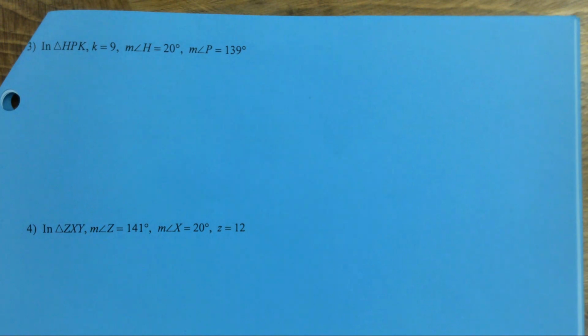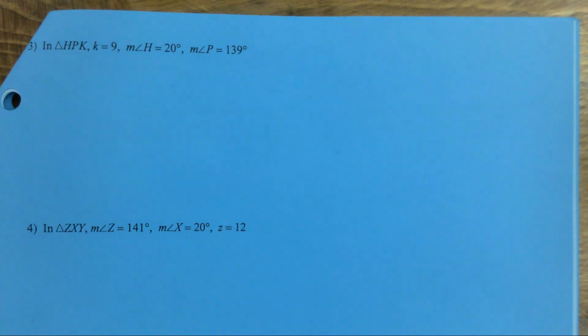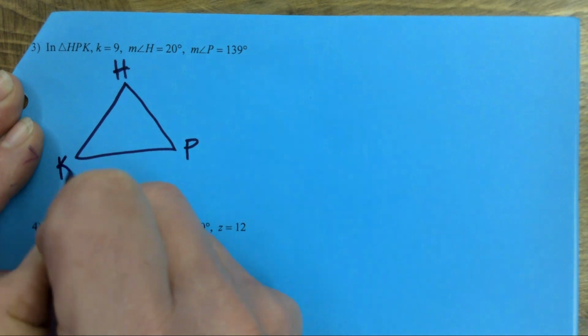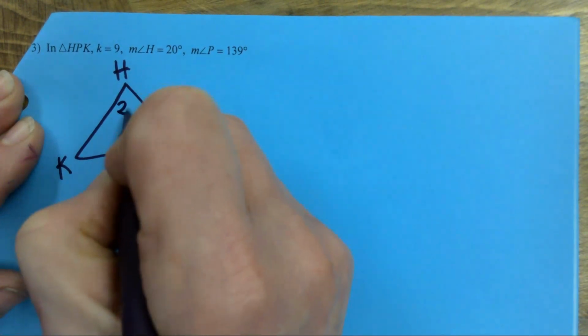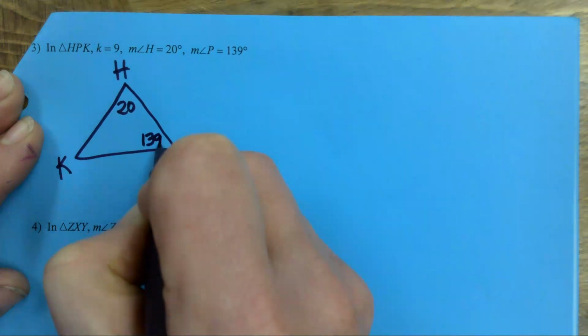It looks like I've got either an angle side or an angle side angle here, so I'll know once I draw my picture. This is H, P, K. H is 20. P is 139.